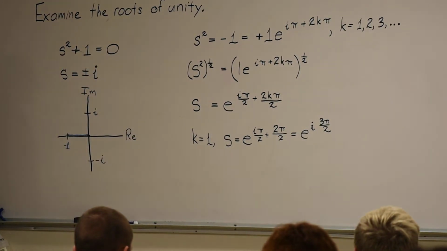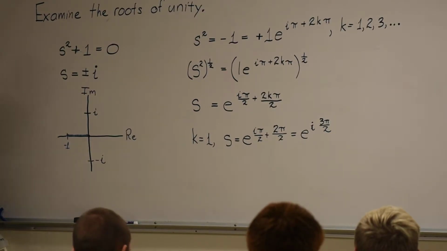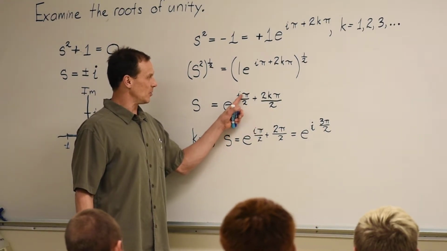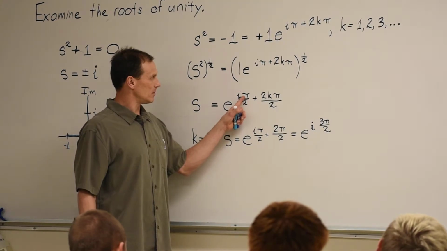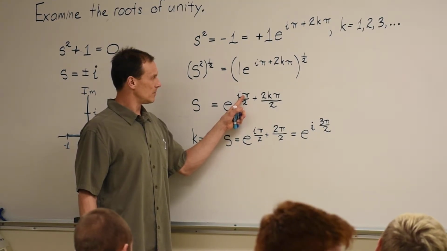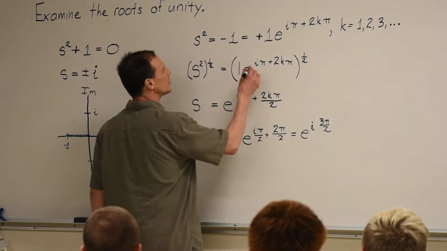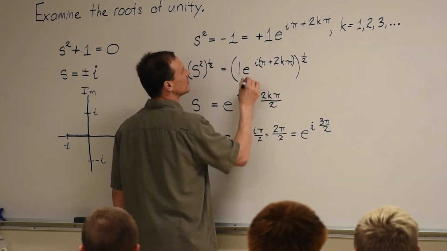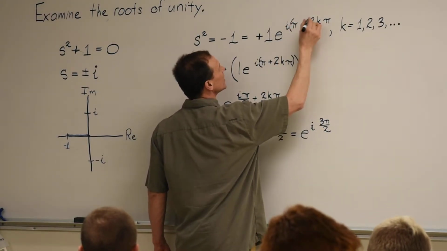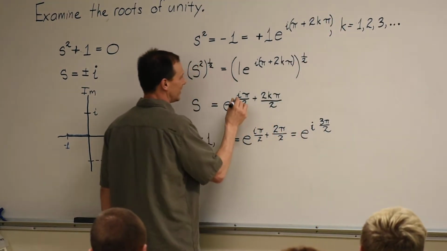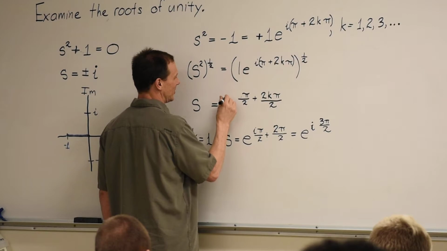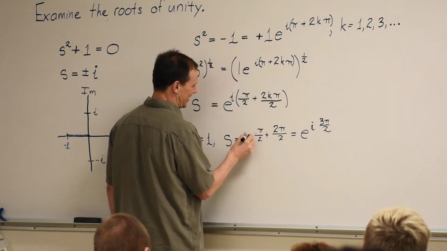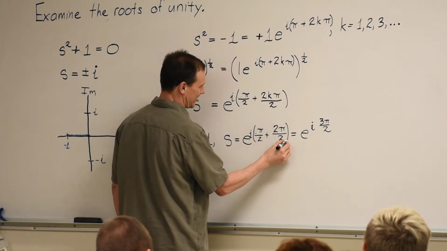Did I do that right? Just adding the exponents? K is 1, so I put in a 1. I left the common denominators to make my life easier. I'm sorry, this should have all been in parentheses, times i. There we go.